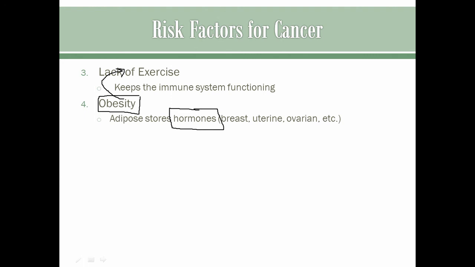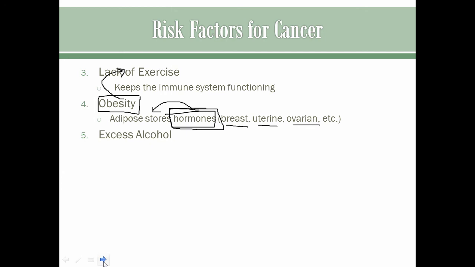Most of our hormones, like estrogen, progesterone, and some of the male sex hormones as well, are fat soluble, and fat soluble hormones tend to take up residence in fat. So for these types of cancer, breast, uterine, ovarian, and also prostate cancer, your risk increases as the fat percentage in your body increases, because your body can store those hormones at a higher rate.